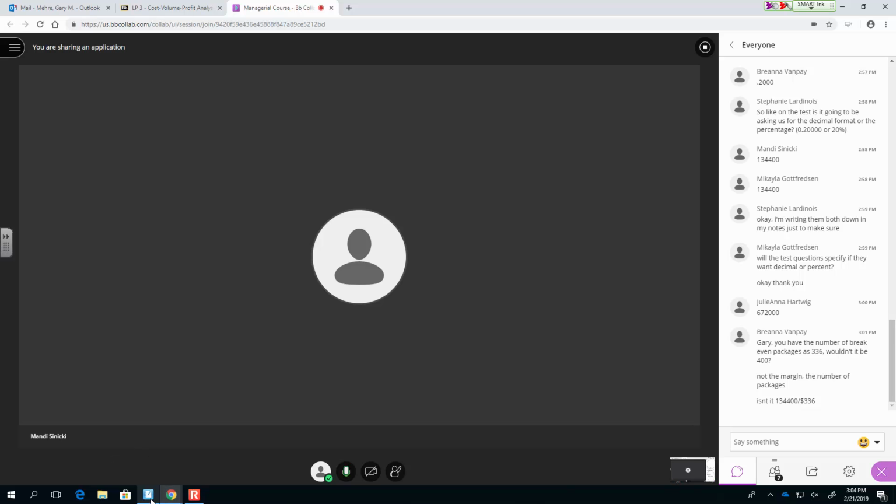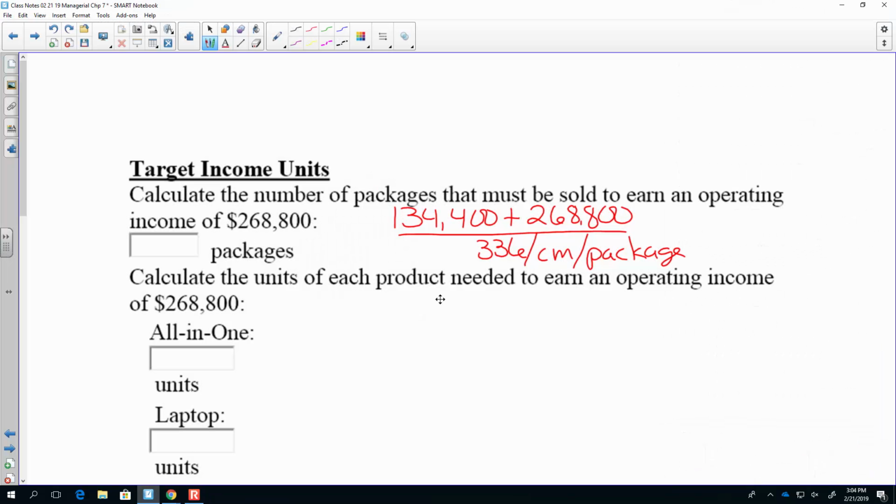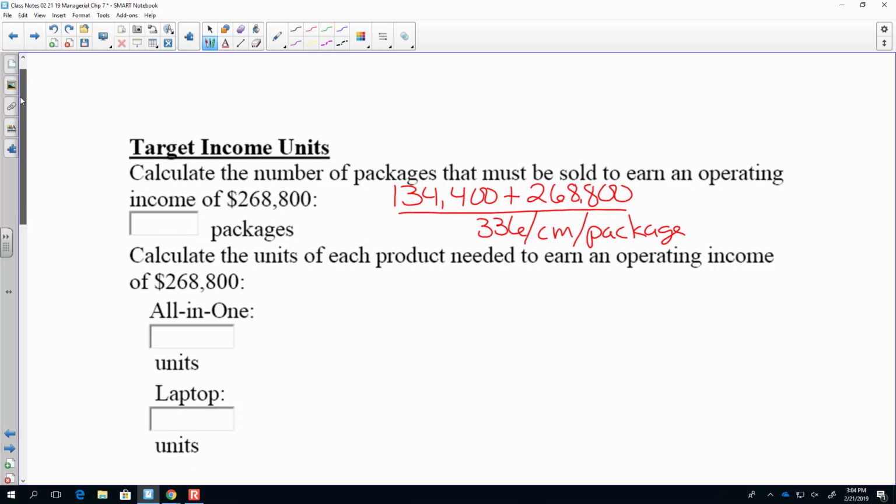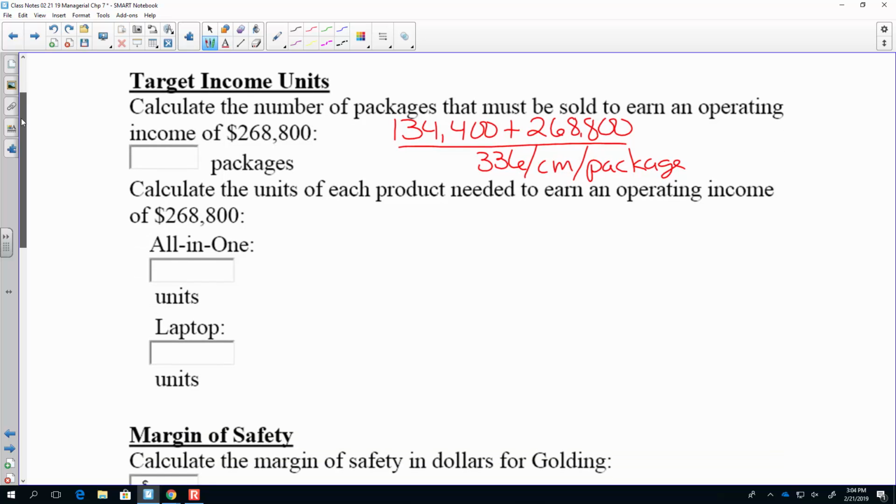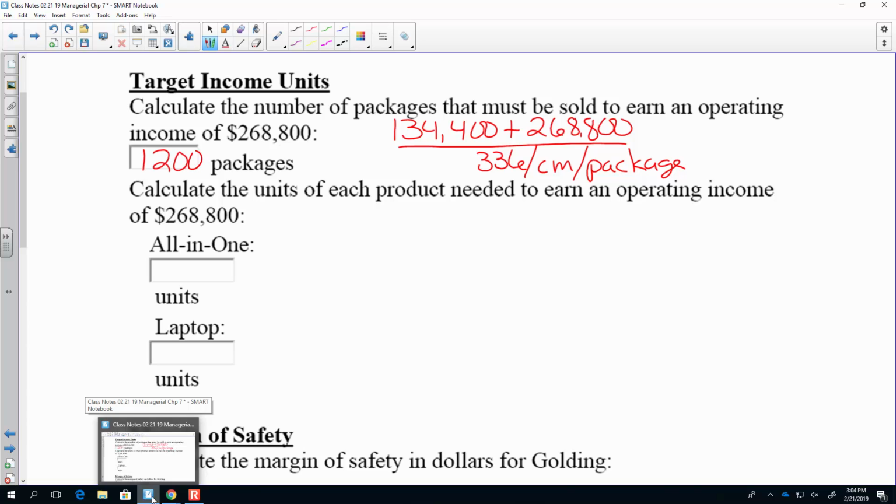Yeah, isn't that what I have? But I'm adding the target to my fixed. Right? Mm-hmm. It's 1,200 packages. 1,200? Mm-hmm. That's not what I got. I got 135,200.